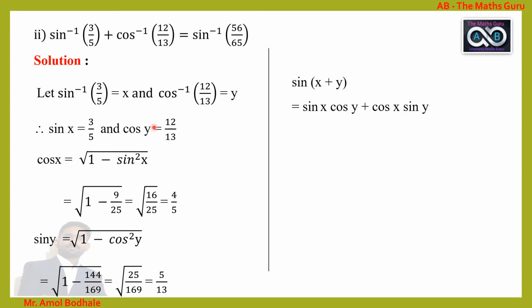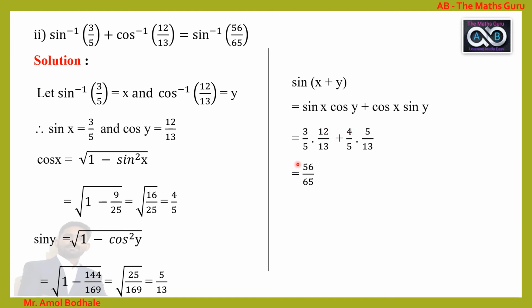Now we put the values of sin x, cos y, cos x and sin y: sin x is 3 by 5, cos y is 12 by 13, cos x is 4 by 5 and sin y is 5 by 13. So here the denominator is 13 into 5, 65, and the numerator is 12 into 3, 36. Similarly here 13 into 5 is 65 and the numerator is 4 into 5, 20.